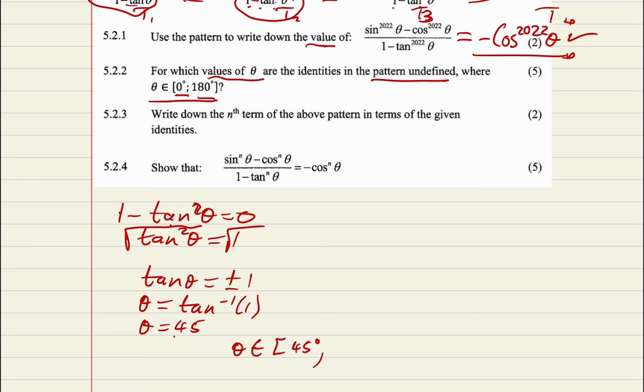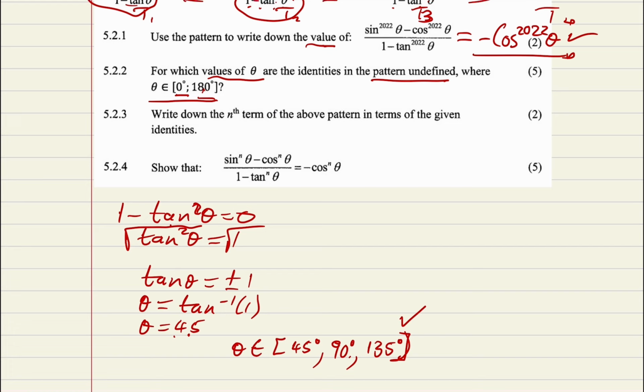Then number 2, if I add 45 here, I'll get 90 degrees. If I add 45 again on 90 degrees, I will have 135 degrees. Okay, so this is what I'm having as my answers. Because if I add one more, it will go to 180, which must not be there. So these are my answers.